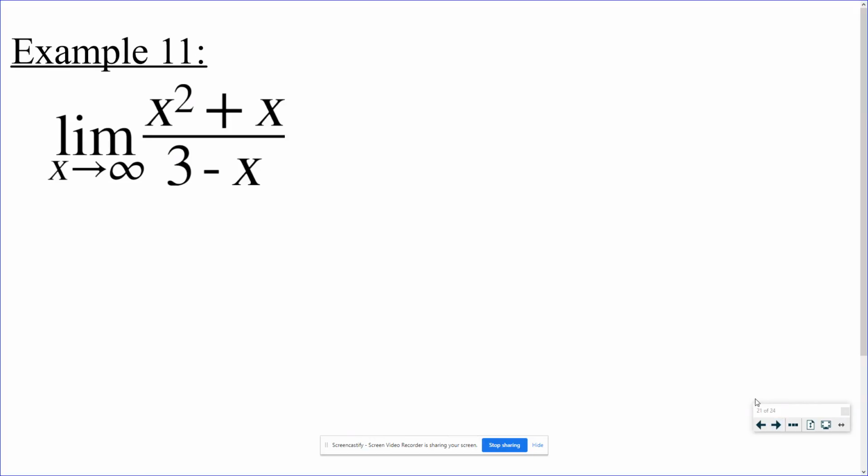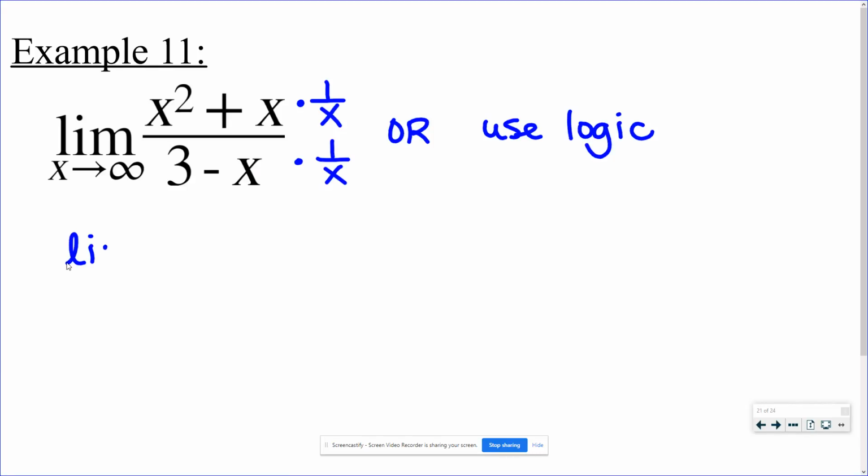Okay, last one. Here is another problem that looks like a fraction. And so when I have problems that look like a fraction, you can do it the long way, where you multiply by the stick of gum rule, or you can use logic. And when I say use logic, that means look at the driving force in the numerator and the denominator.